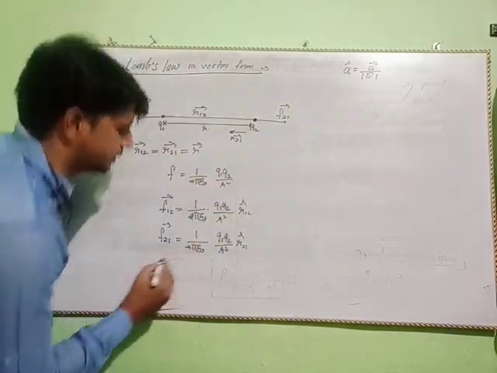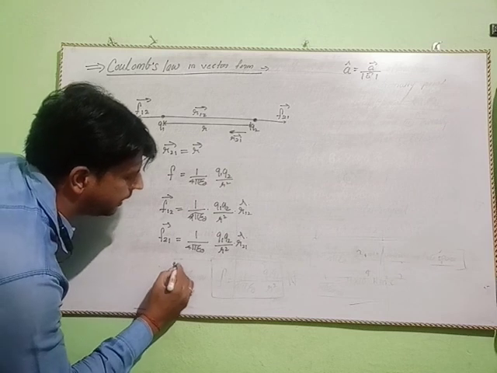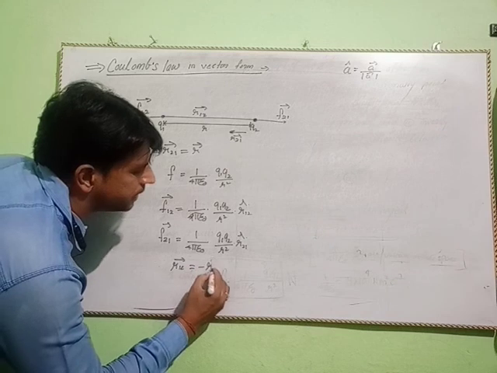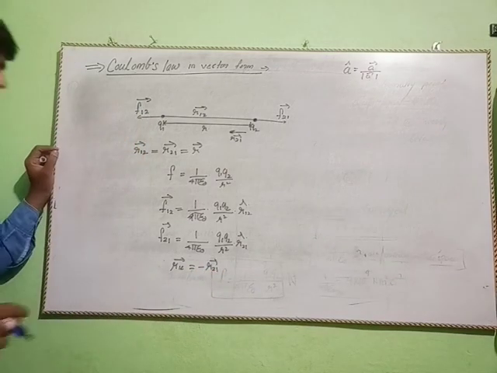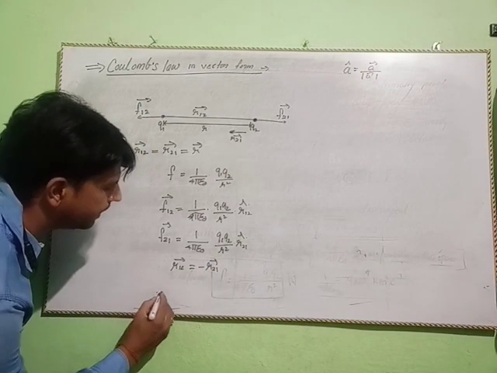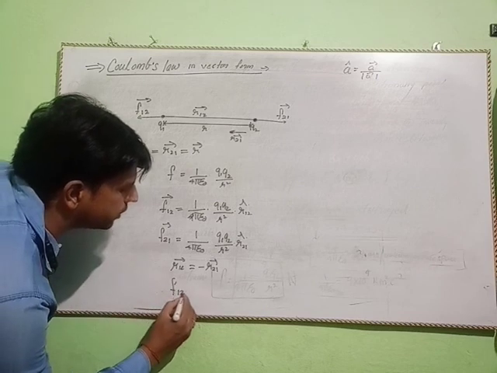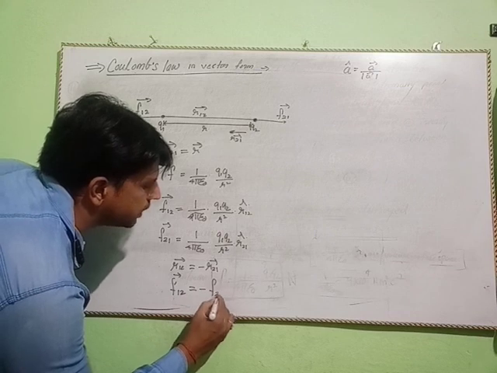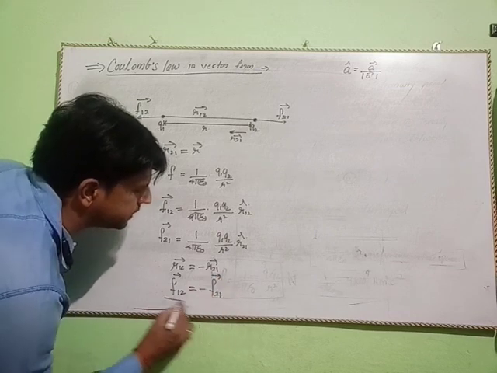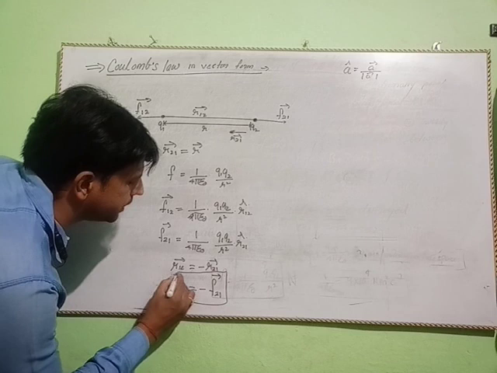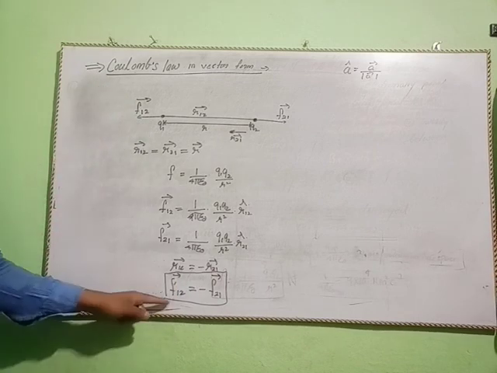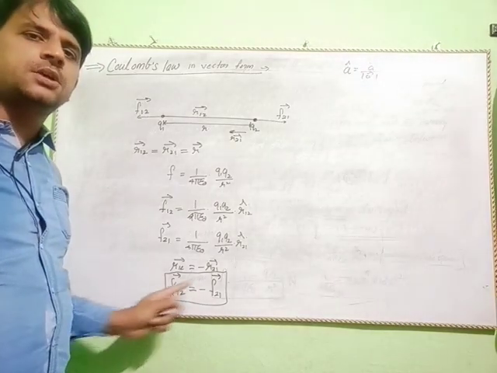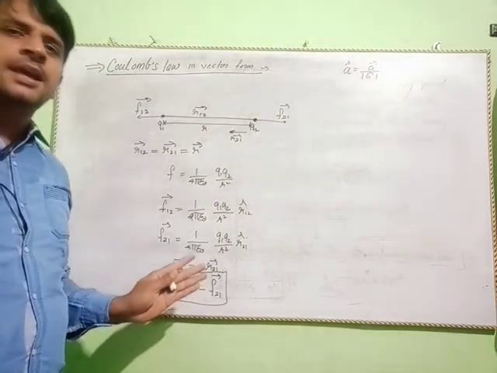That is, since R12 is equal but in direction it is opposite to R21, therefore the force on first due to second will be equal to the force on second due to first, but the direction will be opposite. F12 equals F21, but the negative sign shows that the directions of both the forces are opposite to each other.